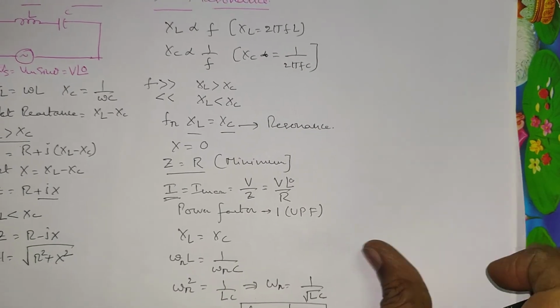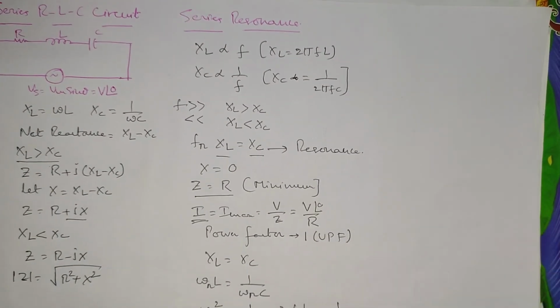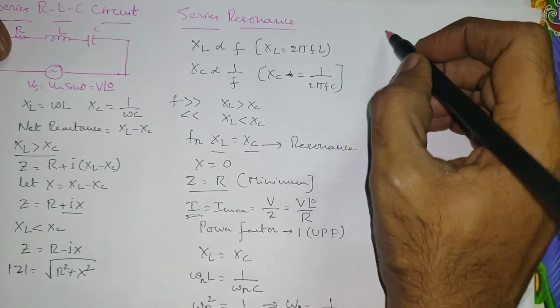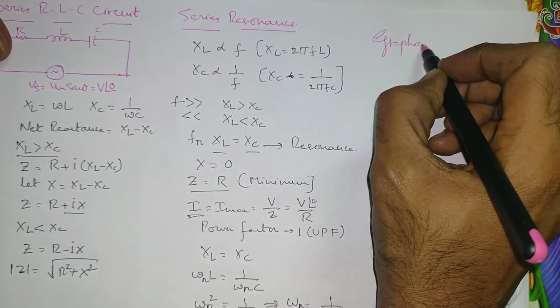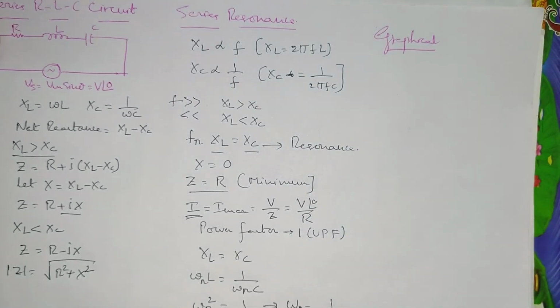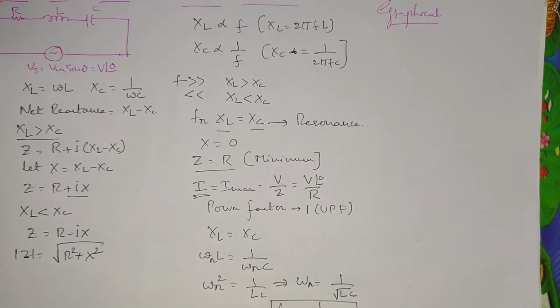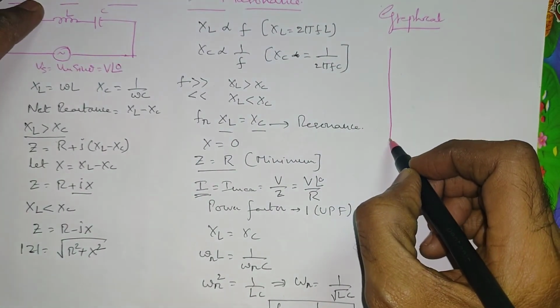And next we shall see the graphical representation of this particular condition, that is how we can represent the series resonance graphically. First of all, consider the two axes here.